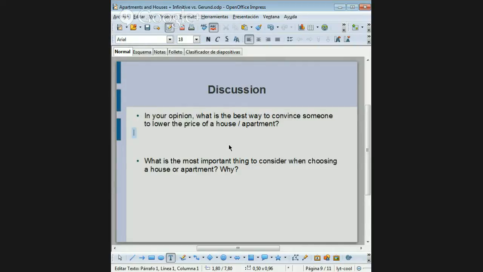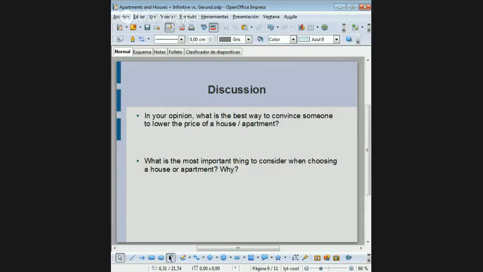I don't know. In my opinion, the best way to convince someone to lower the price is the location of the apartment near to your work. I'm not sure what you mean, Oscar. So, what about this first question?